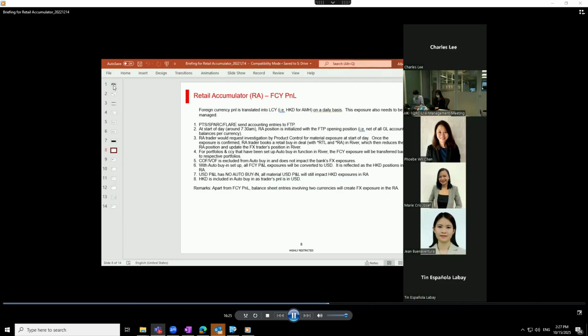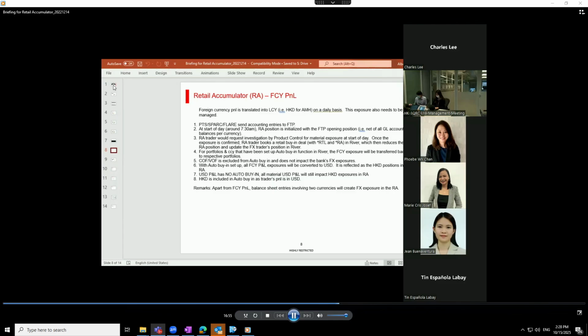So when auto buying is set up, I think you guys are all aware that it is always against US dollar. So the ticket is always against US dollars. One thing to note is for US dollar P&L, there is no auto buying setup. So any US dollar P&L, even though your book has been set up with the buying, the dollar exposure has no buying.